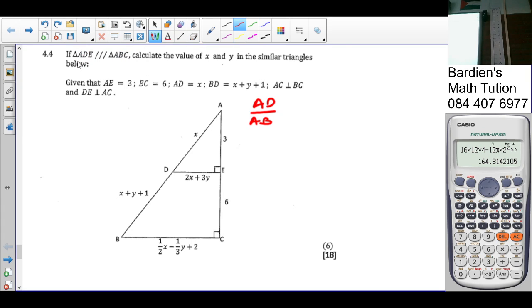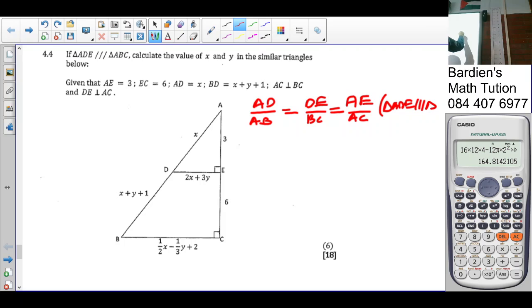There we go. Carry on. AD over AB is equal to DE over BC equals AE over AC. And the reason here is that triangle ADE is similar to triangle ABC. Okay. The question says calculate the value of x and y in the similar triangles below.